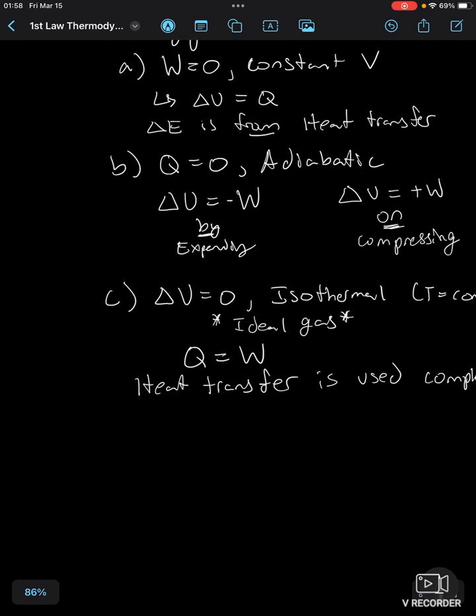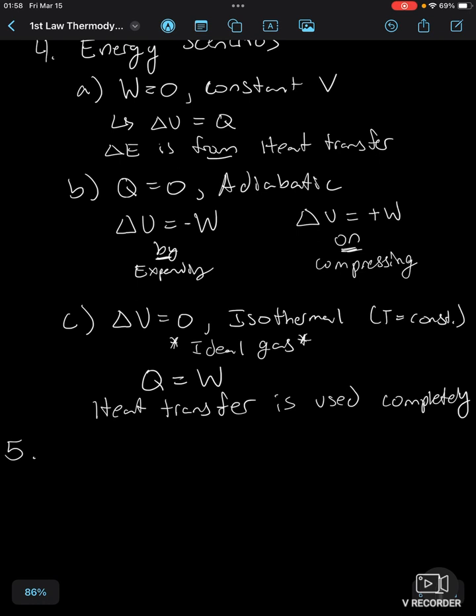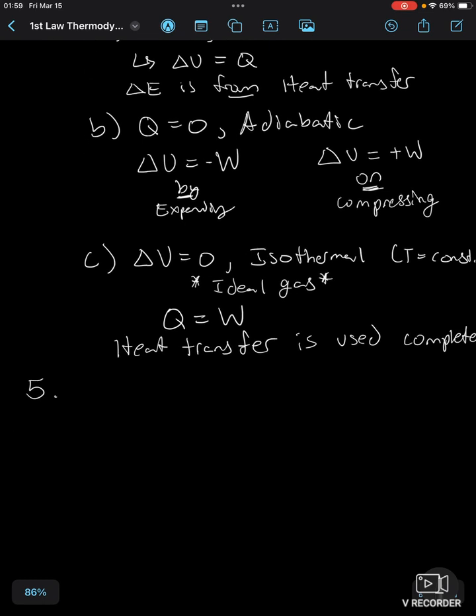Okay. And then going back to these, as you probably have known, we're talking about whether it goes in or out. However, at the end of the day, this is all just conservation of energy. All of this. So this is not a new law. This is not anything profound.